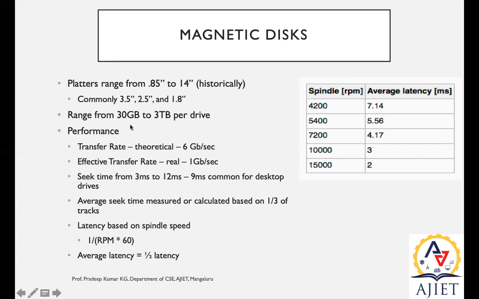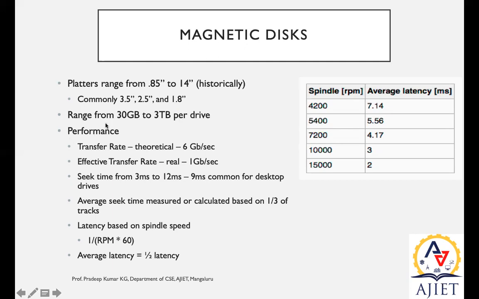When we say range, we may have a disk drive from 30 GB to 3 TB per disk drive, maximum up to 3 TB. Nowadays we may get around 4 TB hard disks also.